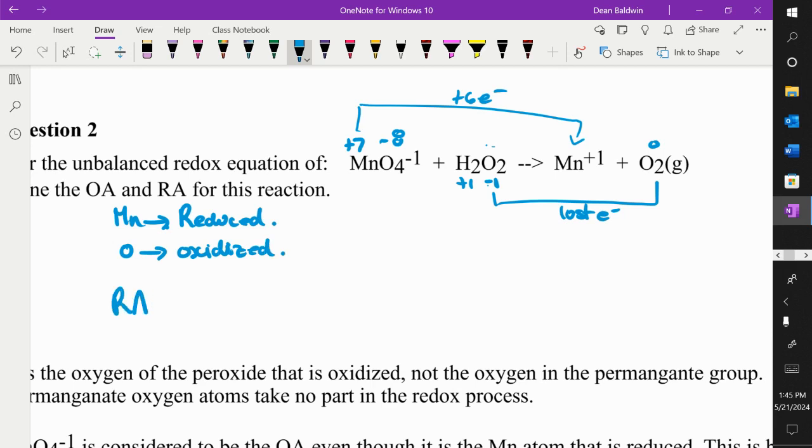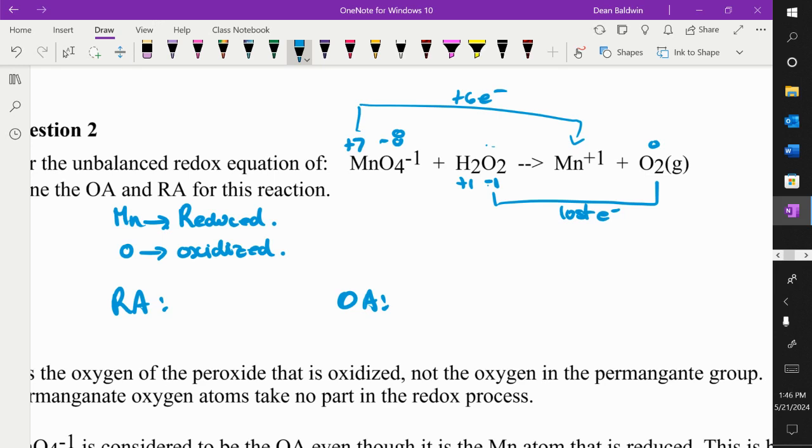What's the reducing agent and the oxidizing agent? What caused the thing to be reduced? What was reduced? Mn. What caused the Mn to be reduced? O, but we're not going to say O, we're going to say the peroxide because it doesn't split up. Okay?